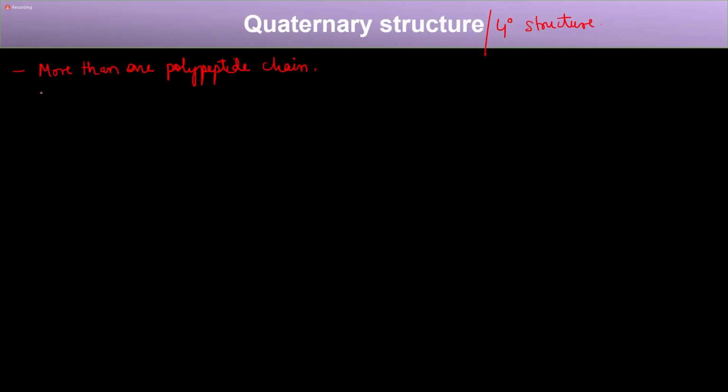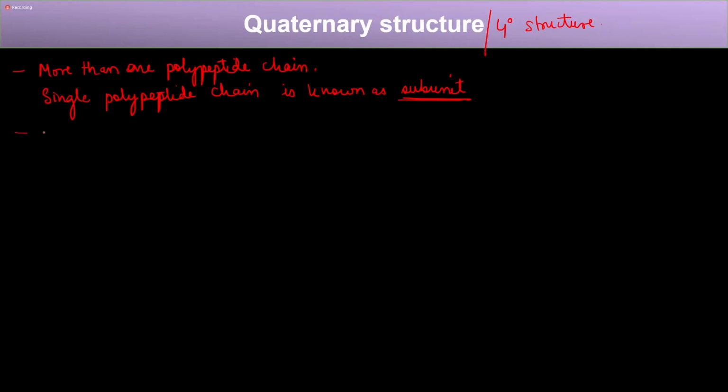And the single polypeptide chain is known as a subunit. A single polypeptide chain is known as a subunit, and a quaternary structure is made up of more than one subunit.